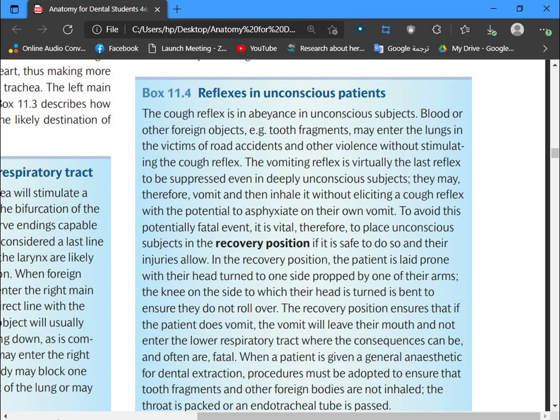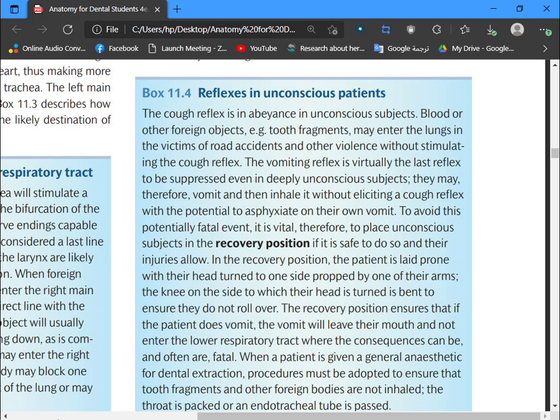To ensure they do not roll over, the recovery position ensures that if the patient does vomit, the vomit will leave their mouth and not enter the lower respiratory tract, where it can be and often is fatal.